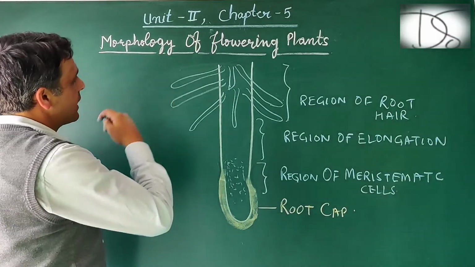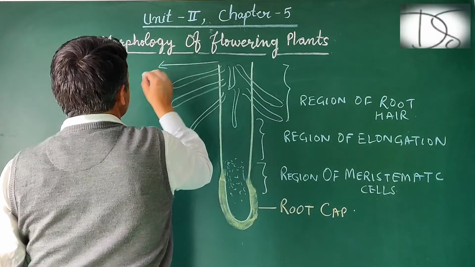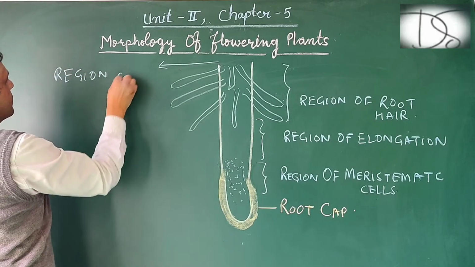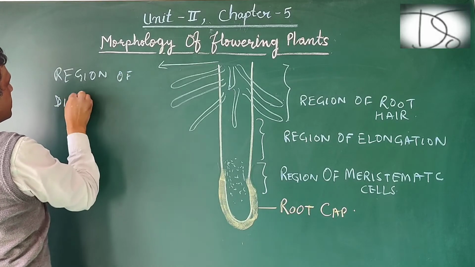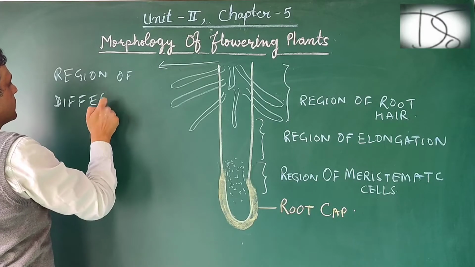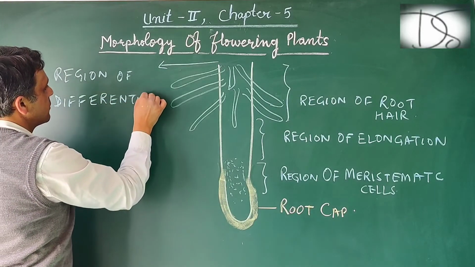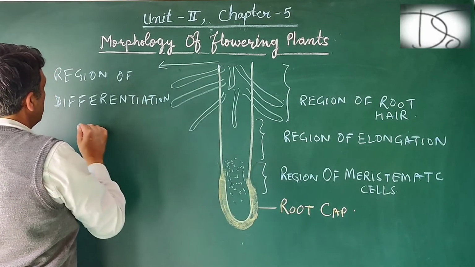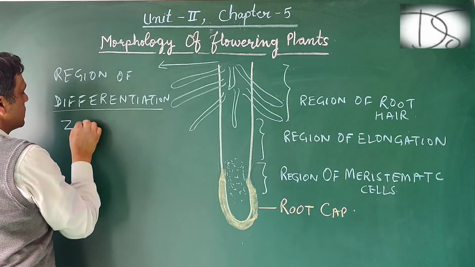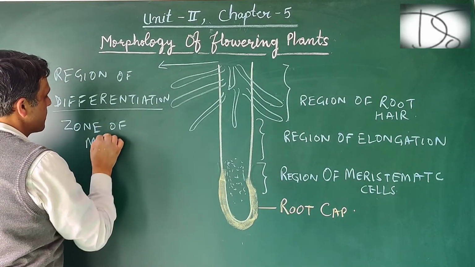And the 5th and the last region of this root is the zone of differentiation or region of differentiation, or we can call it the zone of maturation.